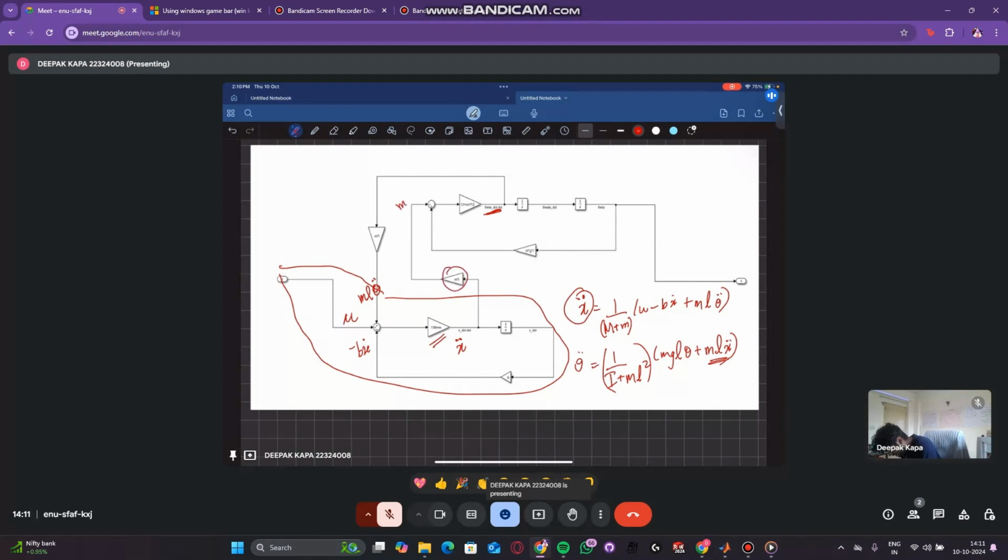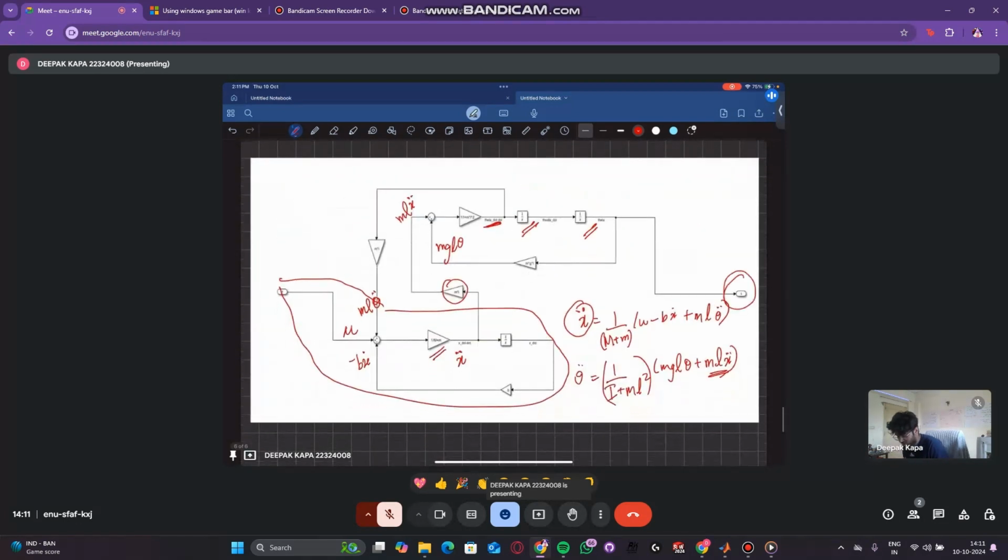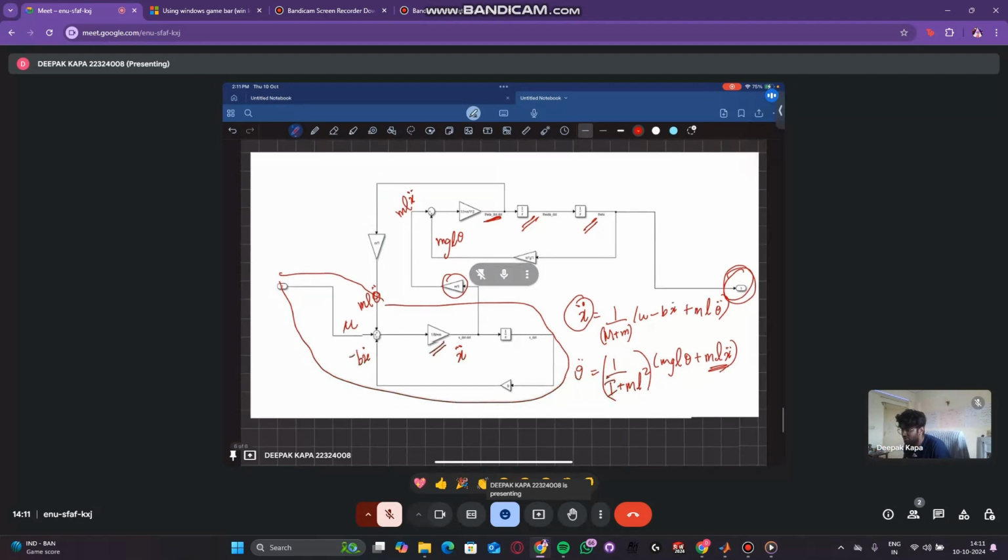So here I have ml X double dot, and that is being added to mg L theta. That gets a gain of inertia plus ml square, and that gives me theta double dot. Then I integrate it once, integrate it twice to get theta, and that theta is being measured. That's the state of my system. Okay. So that is the model of my inverted pendulum that I've used. And now I will show you the graphs that I've got.